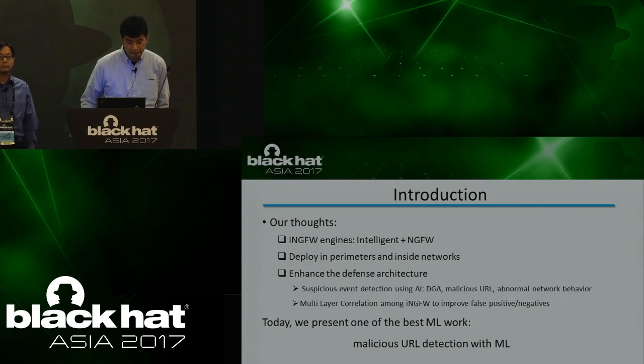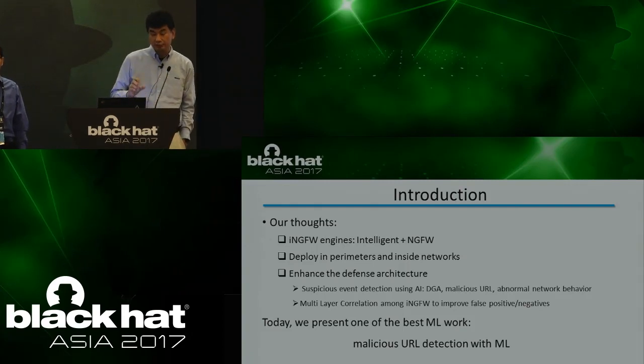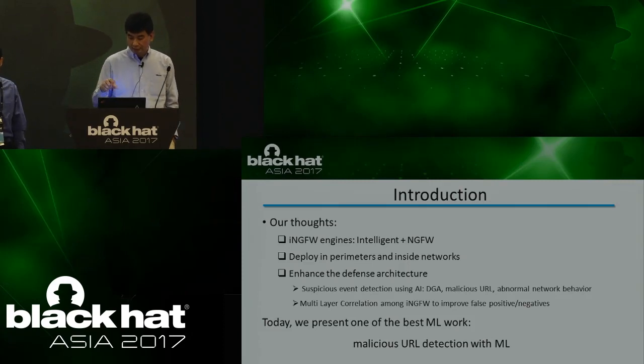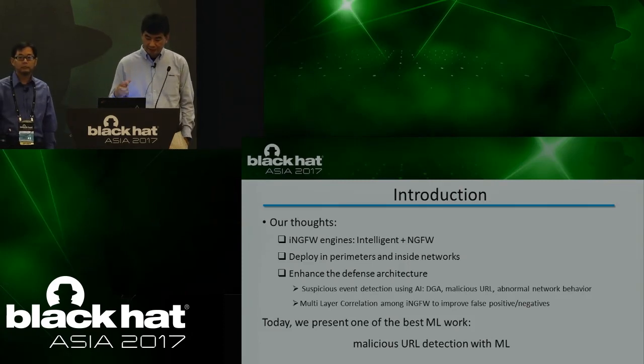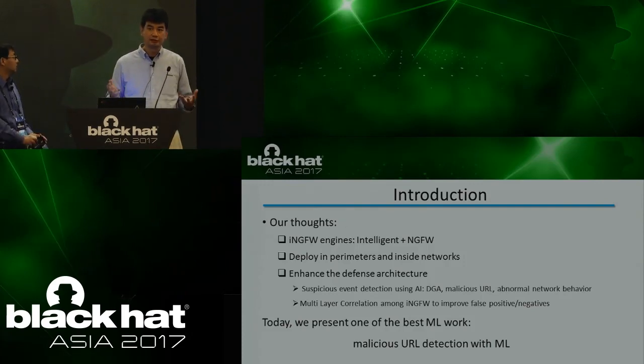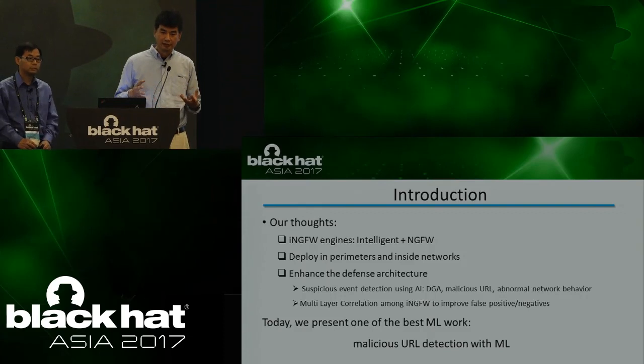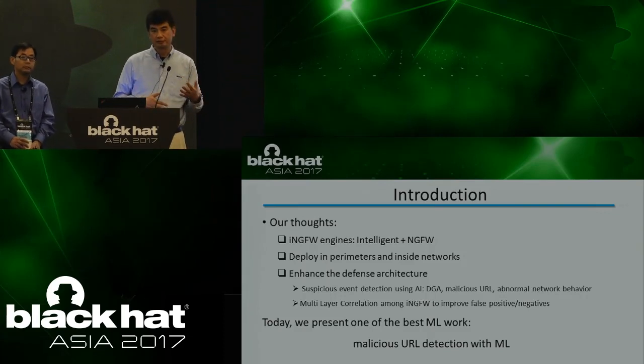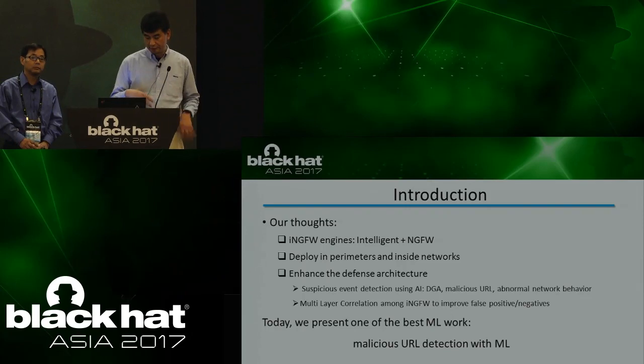Overall, you need to use new technology to detect suspicious events, for example DGA and malicious URLs. Also, you need a new multi-layer architecture and technology, so you need to do full correlation.